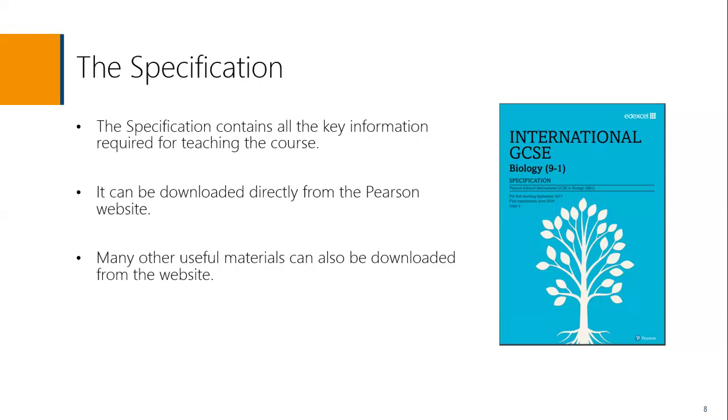The specification contains the content that you need to make sure you follow. It also includes the assessment objectives, which we'll come on to later, but which are very important. And it includes things like the math skills that need to be taught and command words and lots of useful information. It's important to use all of it, not just the content.